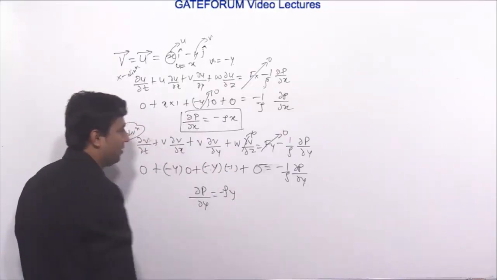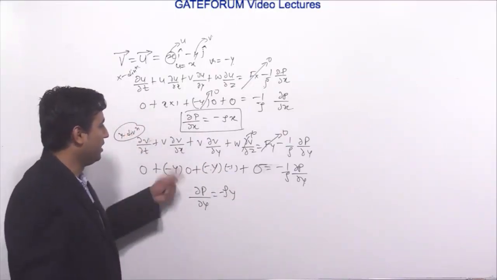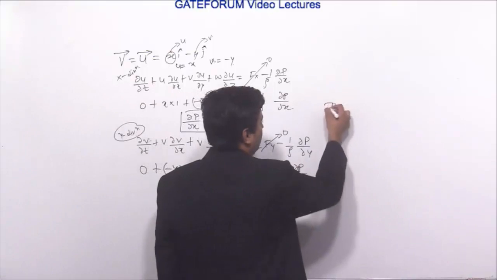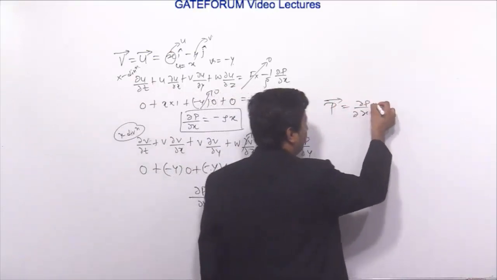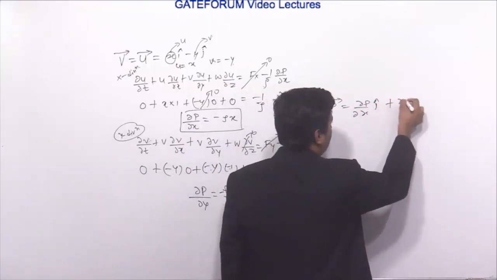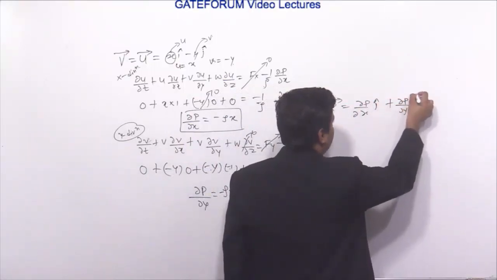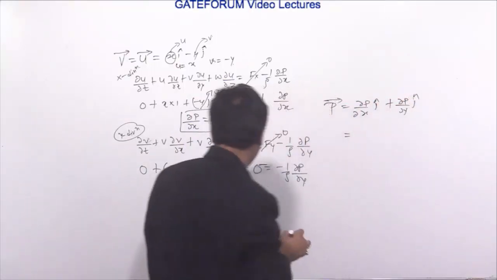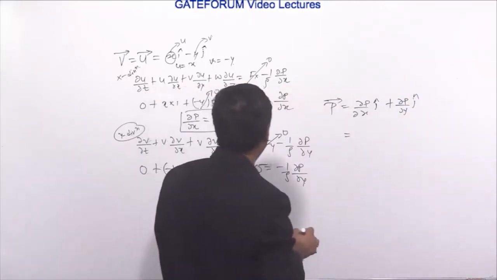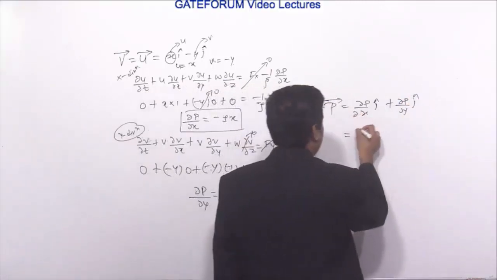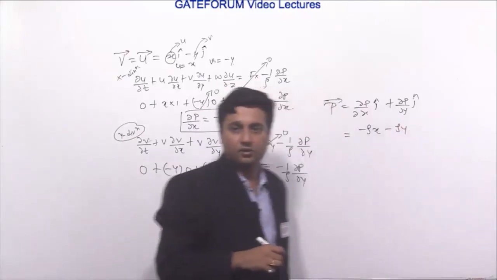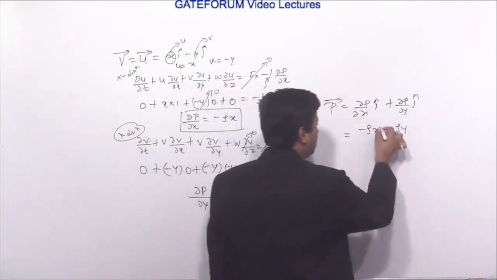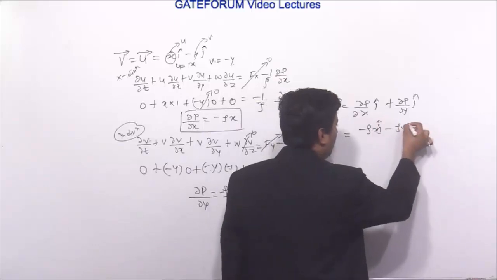minus rho y. The pressure gradient vector is nothing but del p by del x i plus del p by del y j. So from here we get minus rho x i minus rho y j.